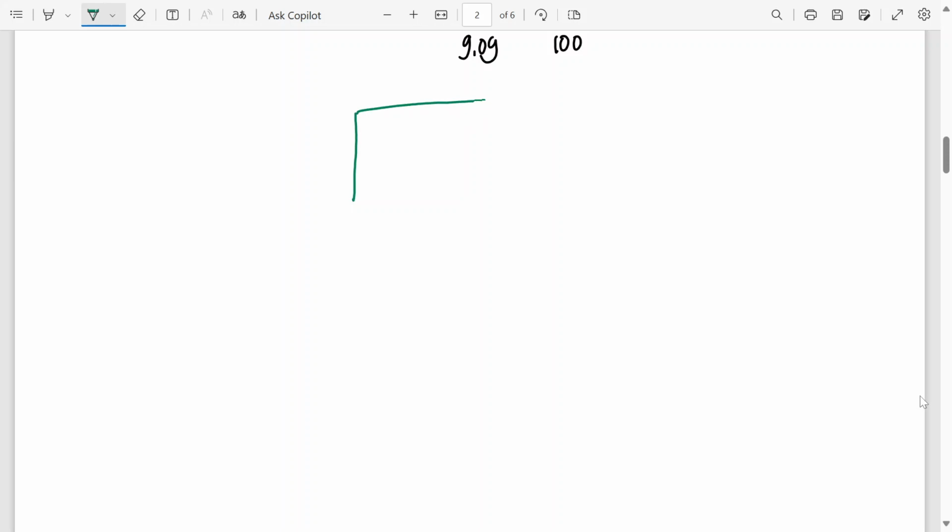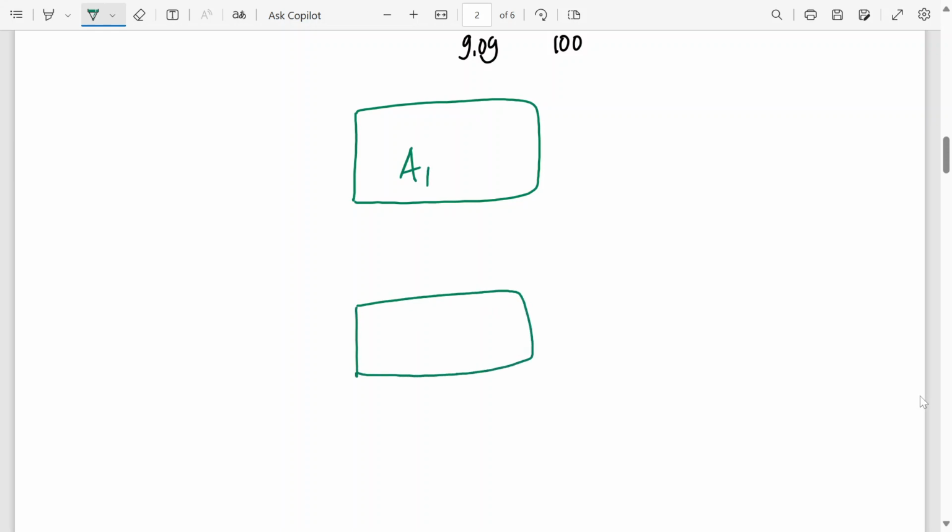So you have an amplifier block with a gain A1. समझ में आया ये इतना? You have a feedback network with a gain K. ठीक है? Now your input signal is coming over here, X, which is going to the A1, and here you have output signal Y. Alright?